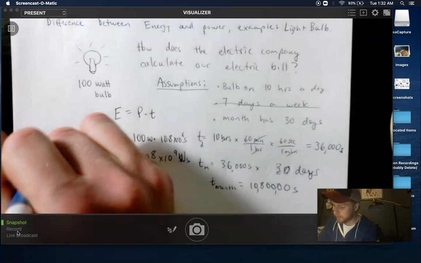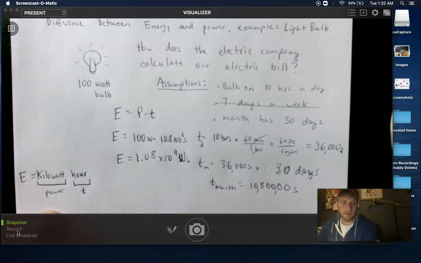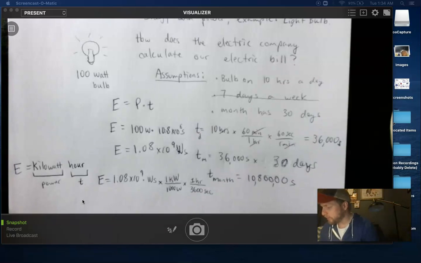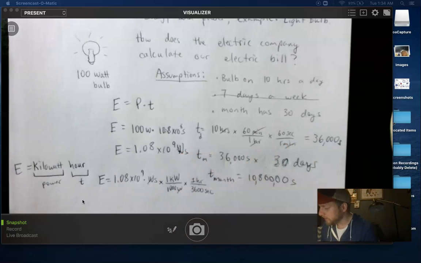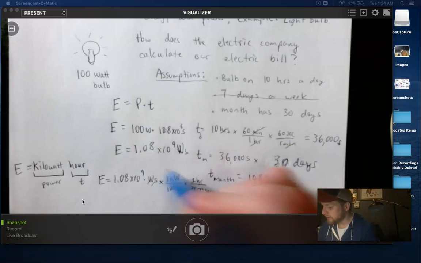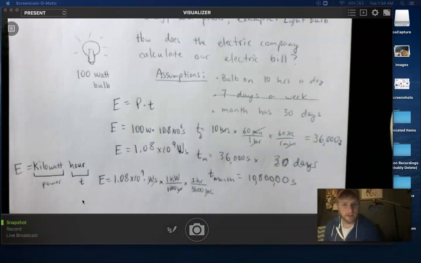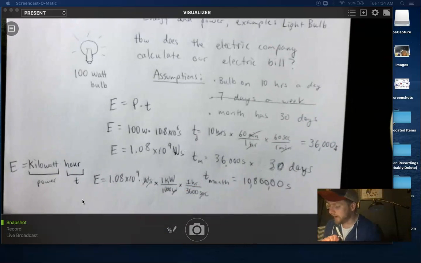So this is actually an energy unit. To convert into kilowatt hours, which is how we're normally billed, we need to divide by 1,000 to cancel our watts, and we need to divide by 3,600 seconds to cancel our seconds, and we'll be in kilowatt hours.